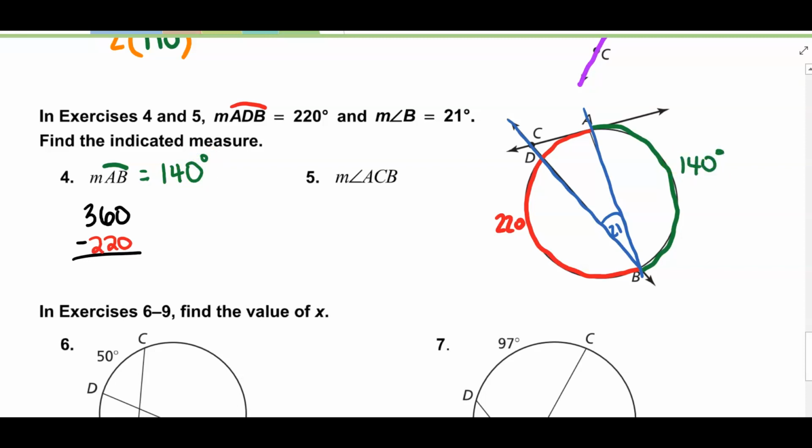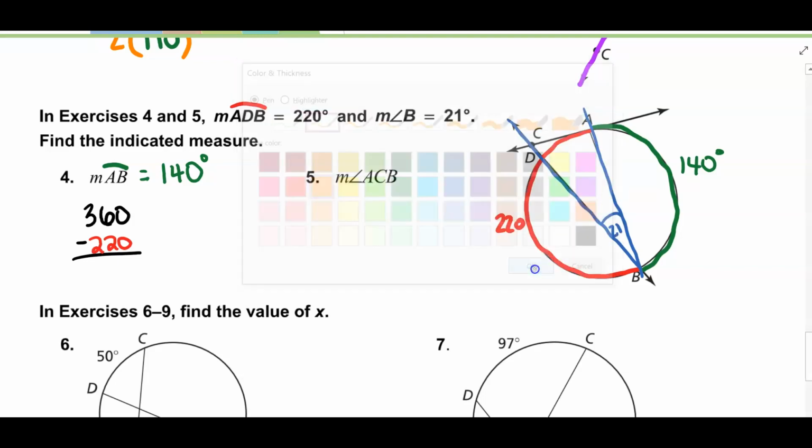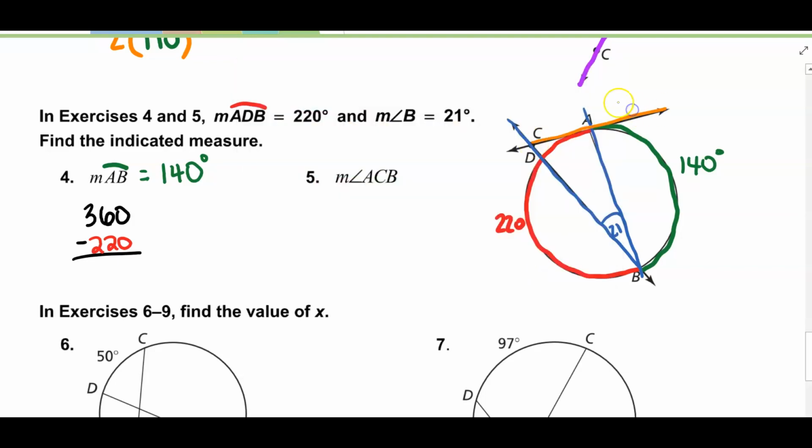Next, they want the measure of angle ACB. So they're looking for this angle right here. It might take a moment to really realize what they're asking for here, but we can go back to thinking about, well, why in the world did they tell us that that's 21?